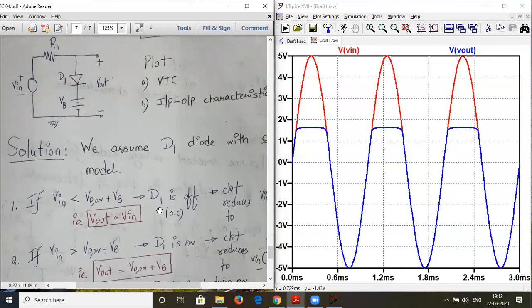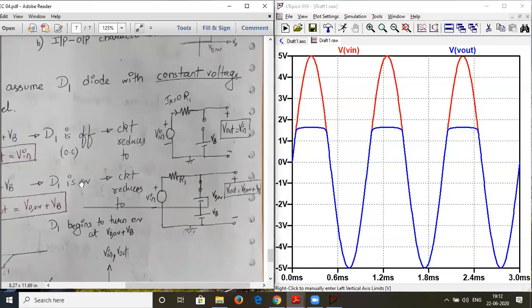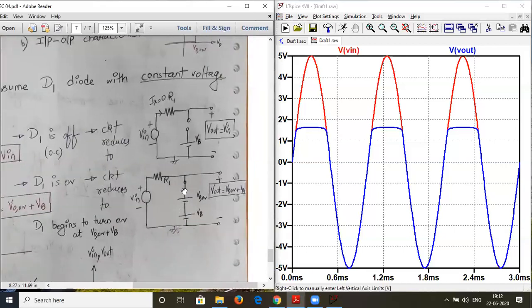In this case, the bias voltage is 1 volt and the diode on voltage is around 0.64. So whenever Vin is greater than 1.64, that is 0.64 plus 1 volt, only then the diode will remain on.